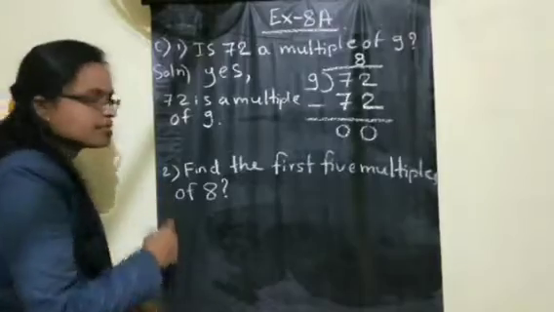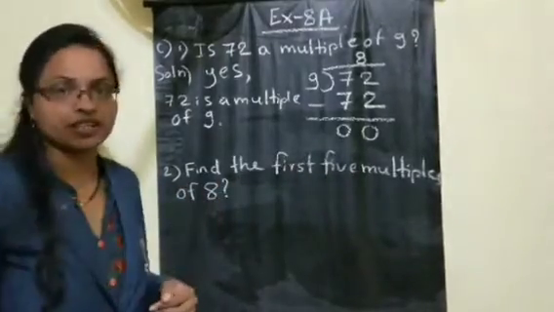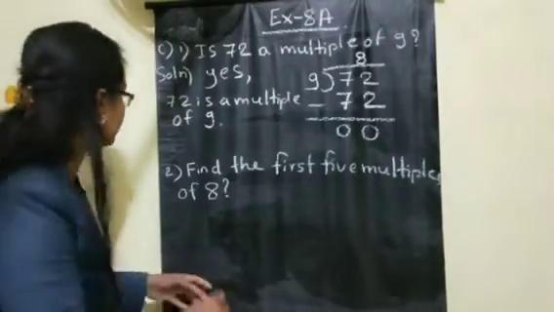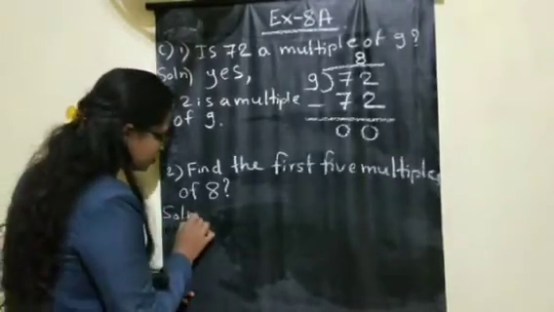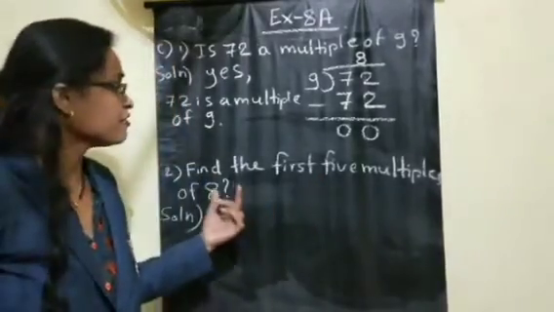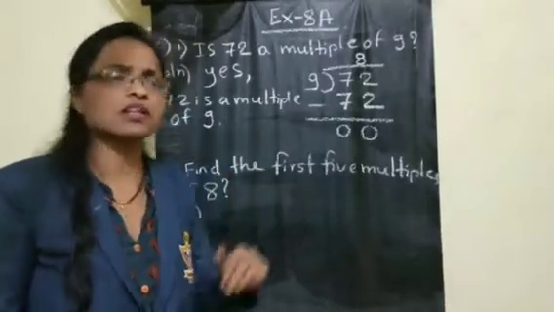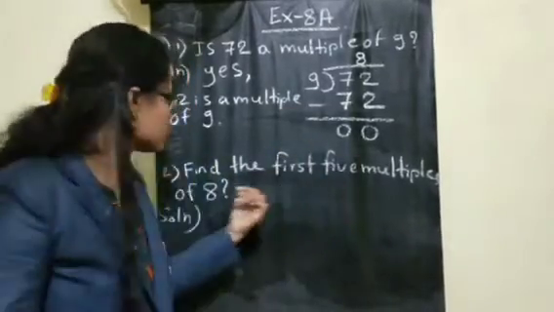Let us take the second example. Find the first 5 multiples of 8. Now here you get the solution. Children, here you will always get this kind of question: find the first 3 multiples, find the first 4 multiples, find the first 7 multiples of 8.